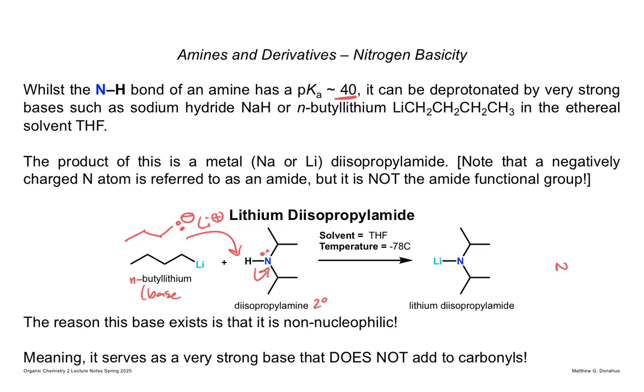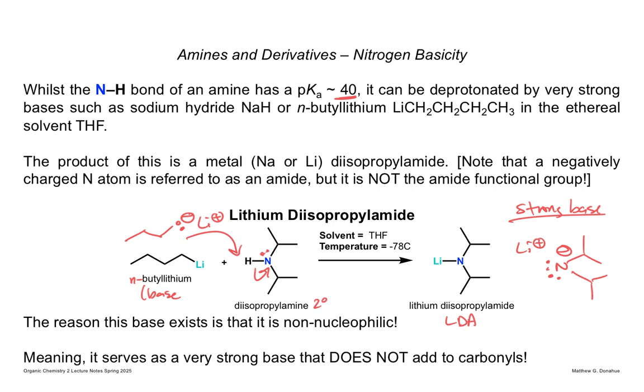And so now what happens is it puts the two lone pairs on the nitrogen and makes this base called lithium diisopropyl amide. So notice that nitrogen has two lone pairs and a negative charge, so it's much stronger than starting with a neutral amine. And the two isopropyl groups are kind of there to help solubilize this in organic solvent. So this is a strong base.